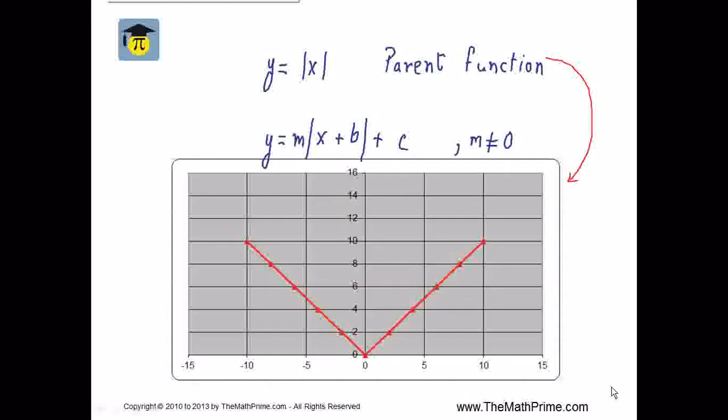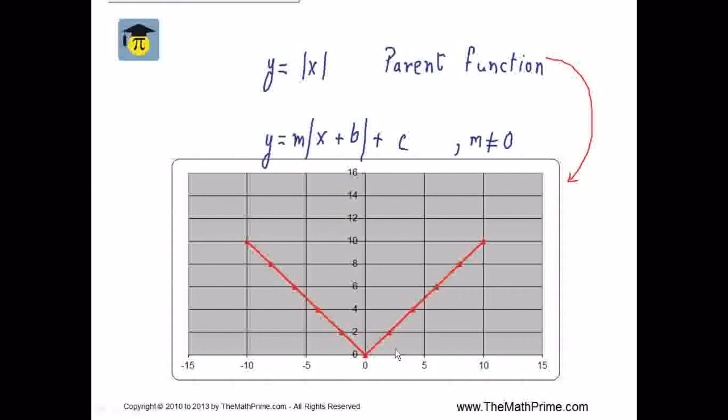Here is a graph of the parent function, and as you can see, the value of y is always positive. It's always above the x-axis, whereas to the left of the y-axis you've got negative values of x, and to the right of the y-axis you've got positive values of x.